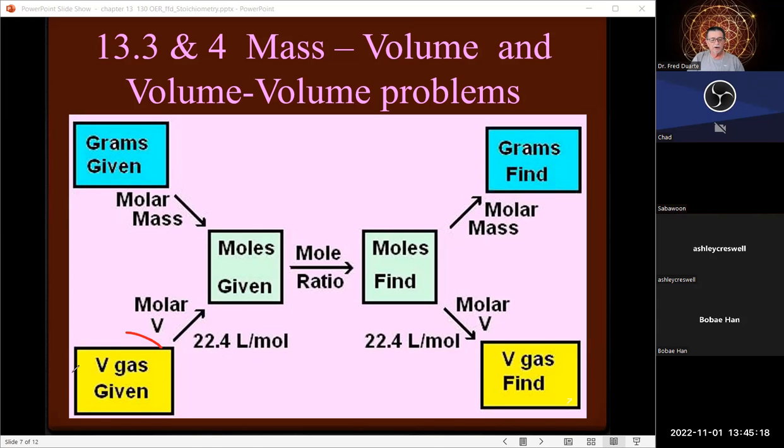We can start off over here and going through this process, figure out the grams. Or we can start off in the bottom left corner and go that direction if necessary to get the product in volume if we're at STP.